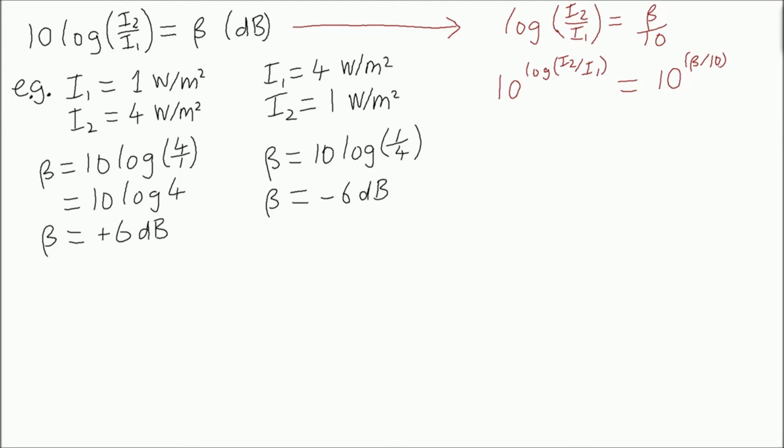Now since 10 to the power of undoes the log function, on the left hand side it's actually just I2 over I1. And the right hand side doesn't simplify anymore. And then multiplying both sides by I1 yields I2 equals I1 times 10 to the power of beta over 10.